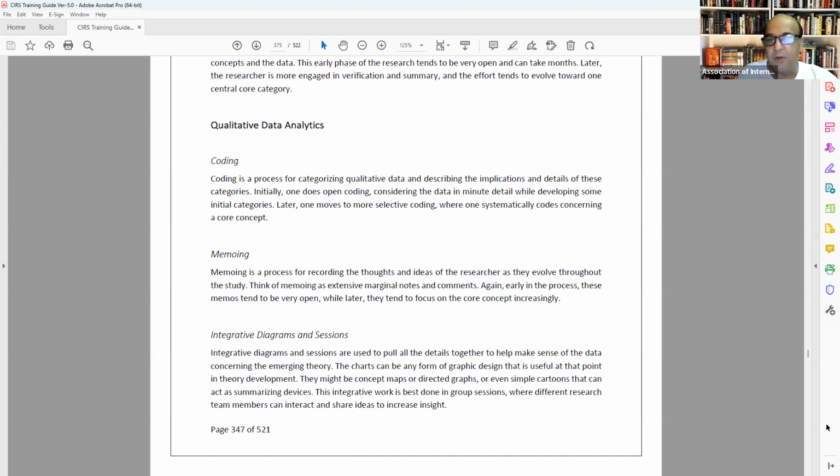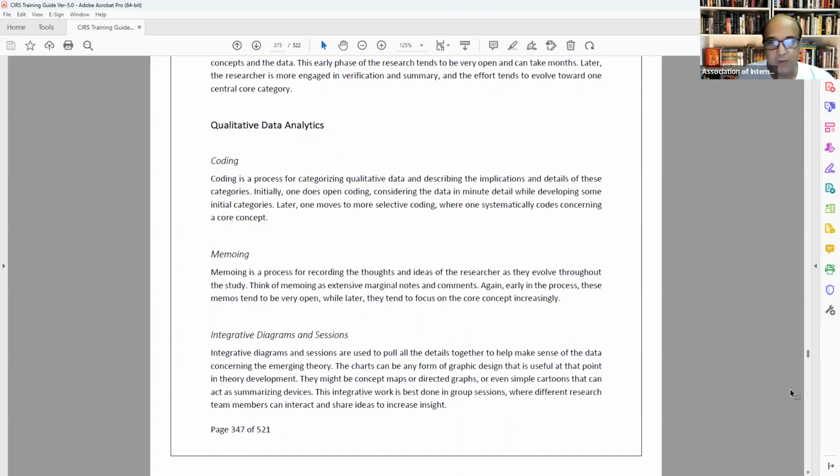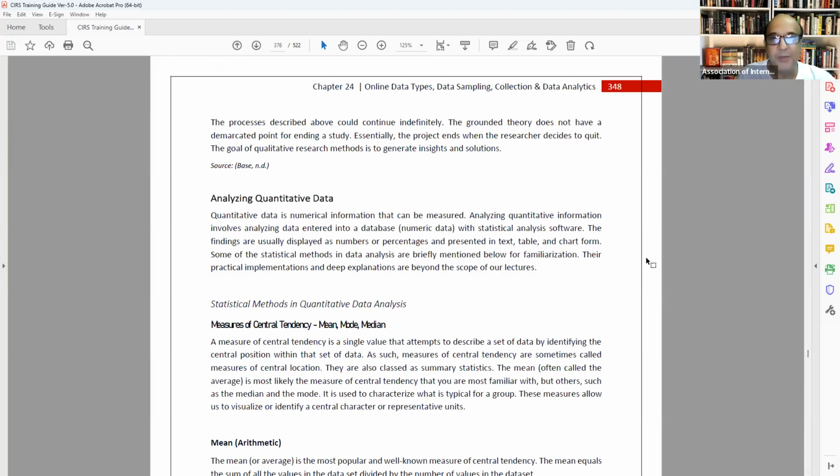For the purposes of research, those diagrams can be made later on when you go back with your memoing and coding and start using applications. There is software that would actually help you to draw that. You can even draw cartoons.